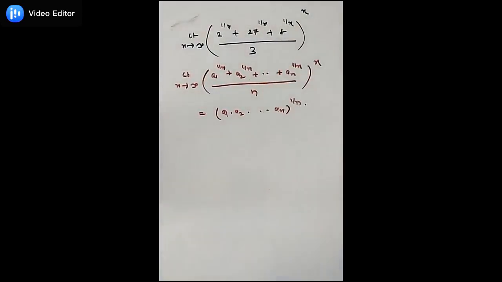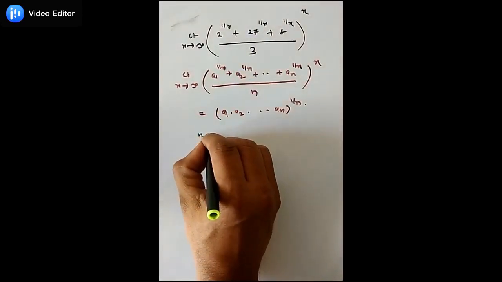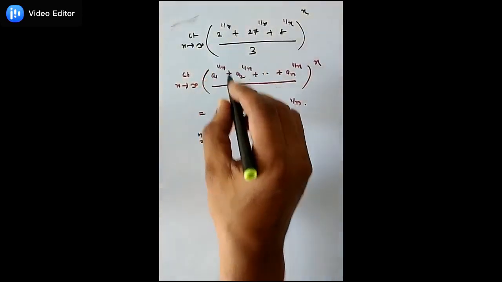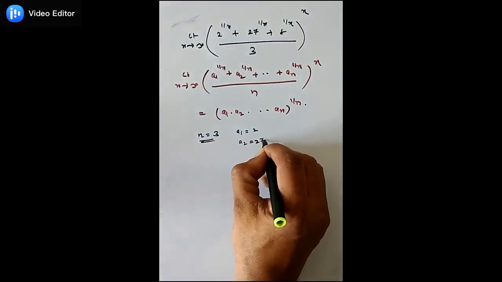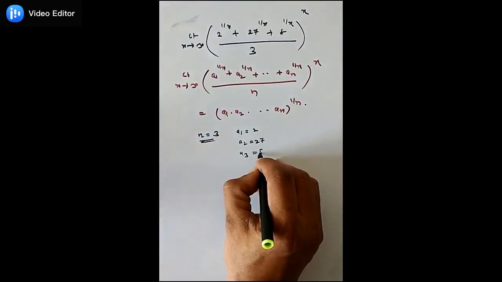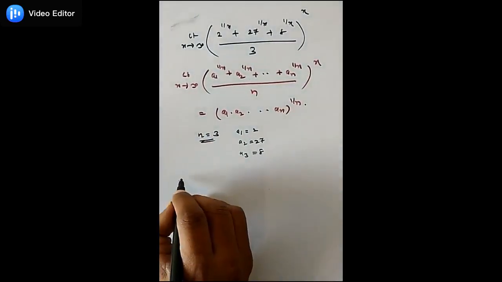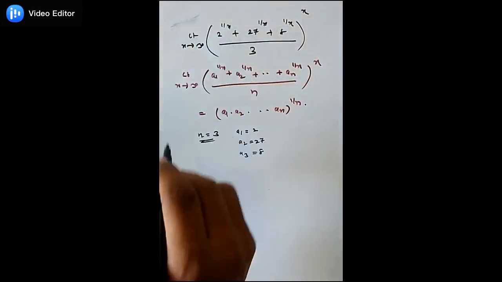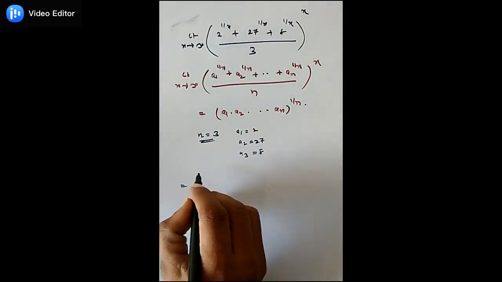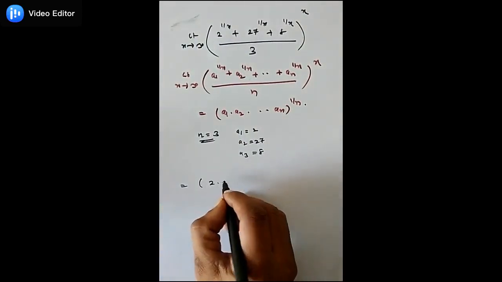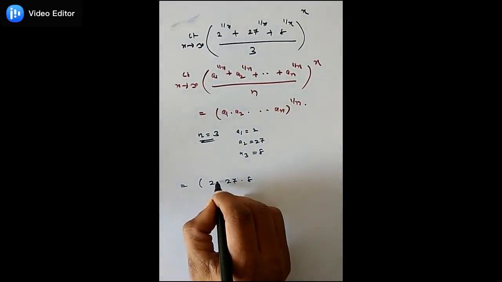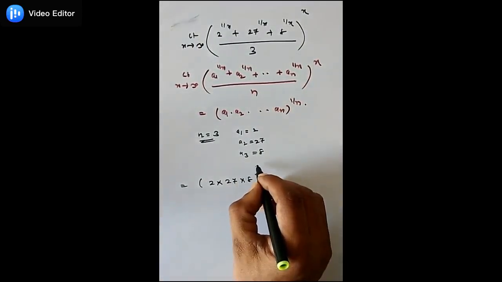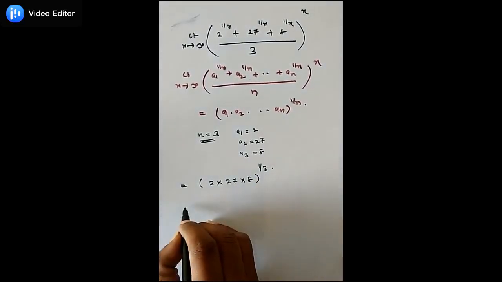Compare with this. It is very clear we have only 3 terms, so n value is 3, and a1 value is 2, a2 value is 27, a3 value is 8. Now apply this formula to the given question. You will get (a1 · a2 · a3) to the power 1/n.